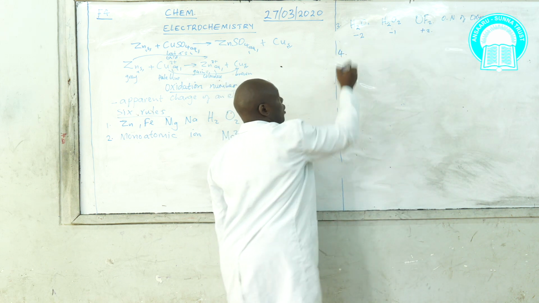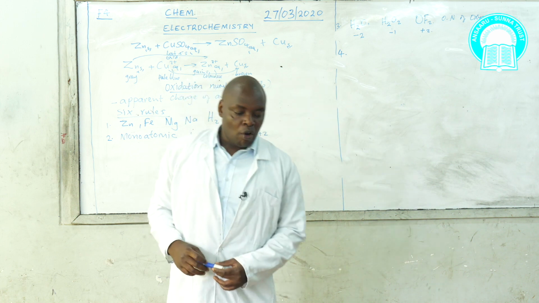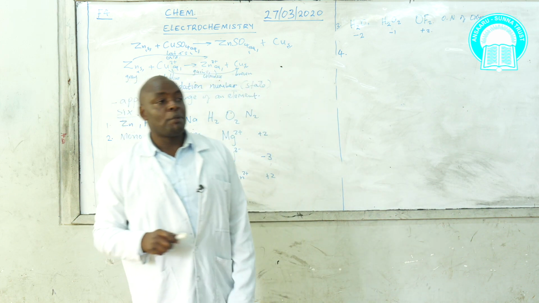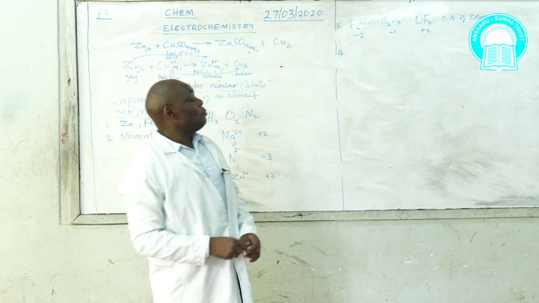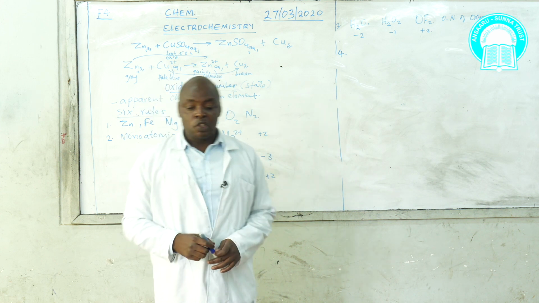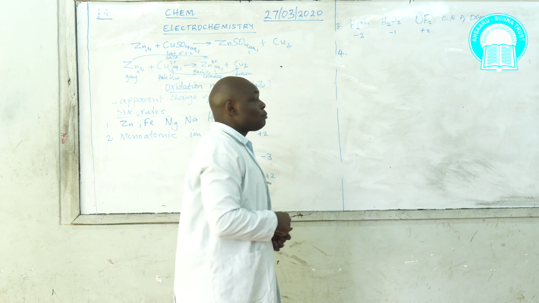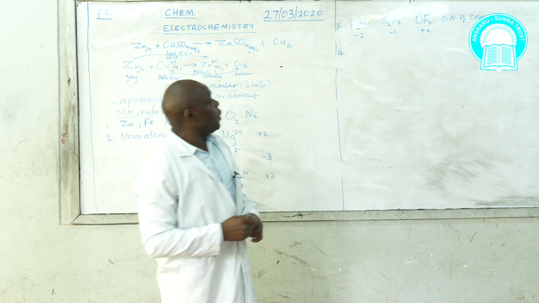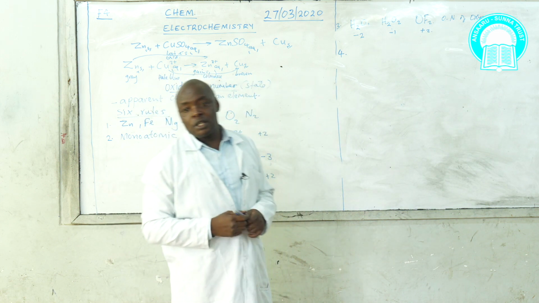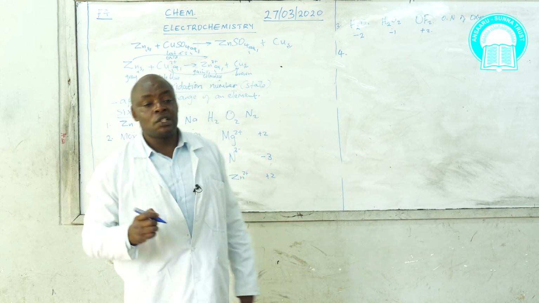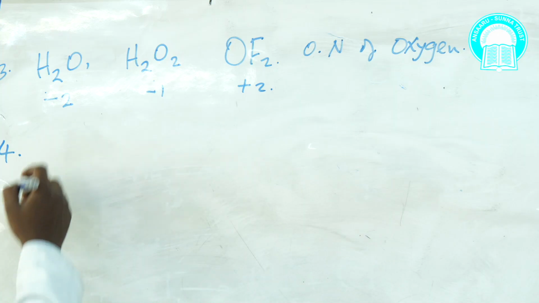Number 4, the oxidation number of hydrogen in most compounds containing it is positive 1, except in metal hydrides where it is negative 1.